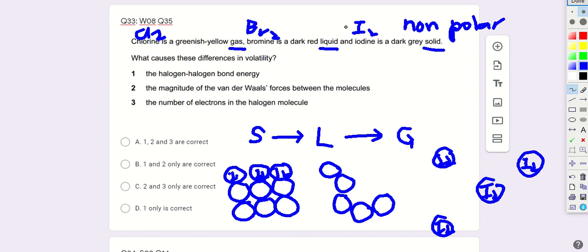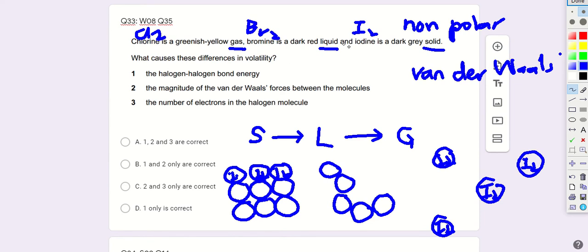So all these molecules are non-polar. They all have van der Waals forces between the molecules. So when you want to overcome the intermolecular forces so that they turn into gas very easily, you need to break the van der Waals forces.